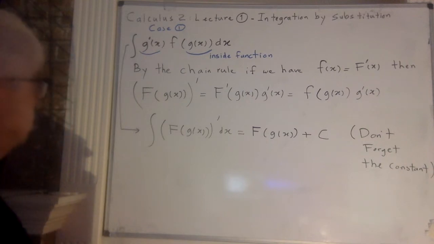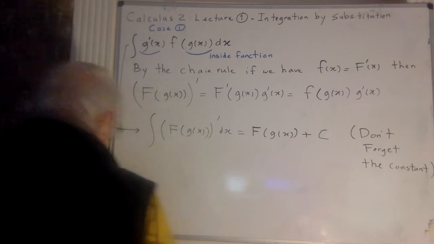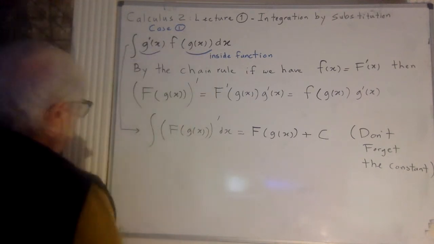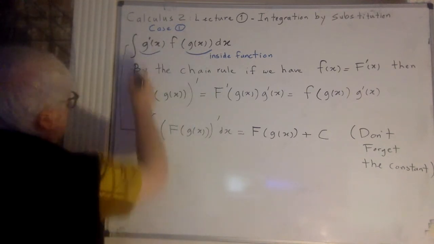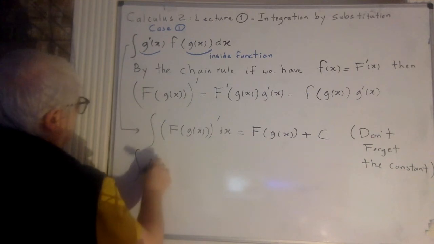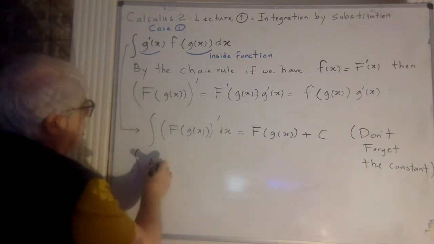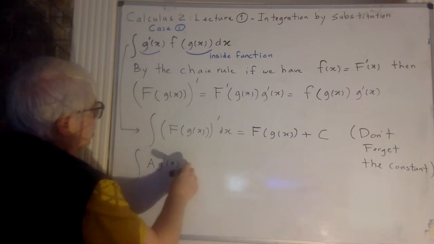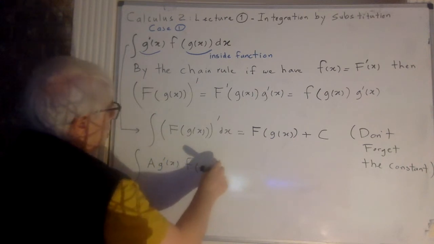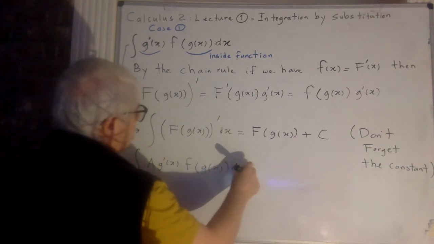Okay, so first of all, this one doesn't have to be exactly like this. As I said, it can be a multiple of that. So it might be some constant a times g prime x, f of g(x) dx.